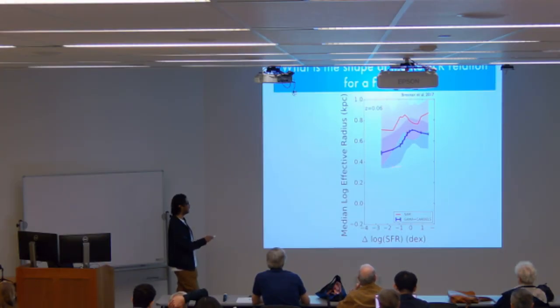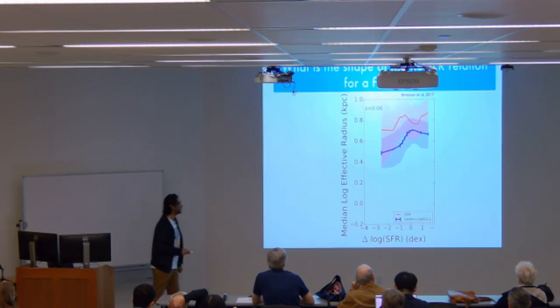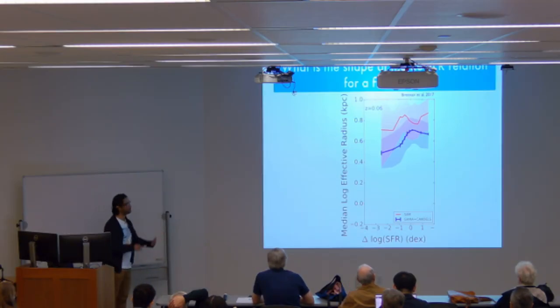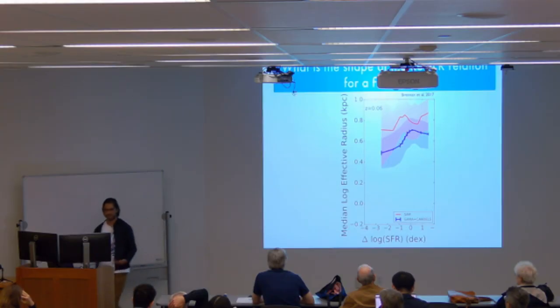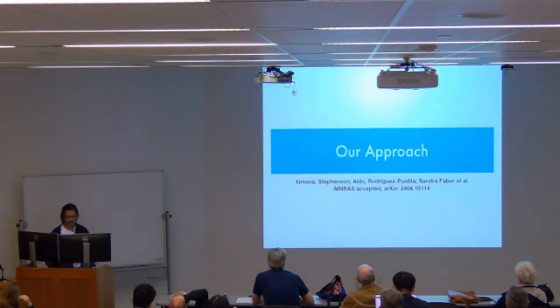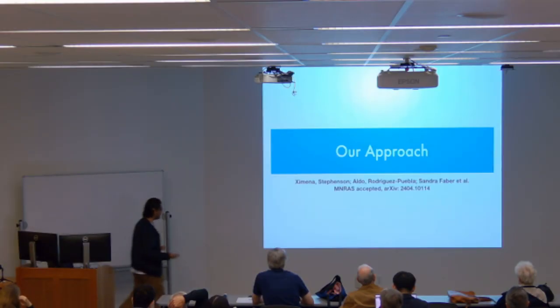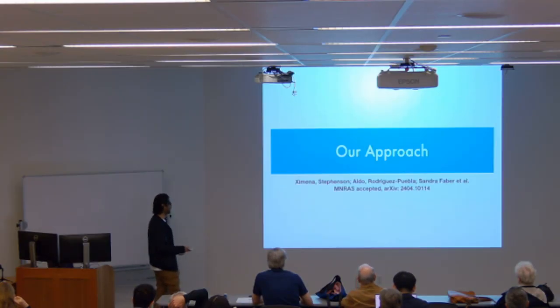For low star formation rate galaxies, you have smaller sizes. For highly star-forming galaxies, you have larger sizes. And they argued that the complex shape that Woods found in 2011 was due to some bad photometry in their galaxies.